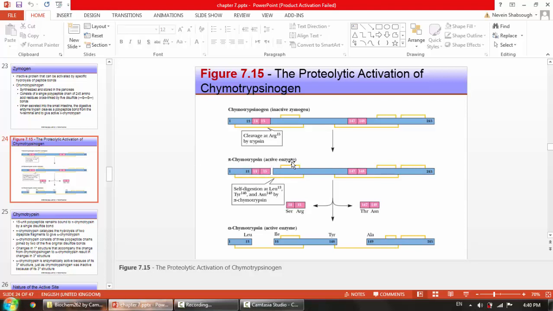Although it is an active enzyme, it is not the final active form, which again undergoes self-digestion at the following positions: leucine 13, tyrosine 146 and asparagine 148, by chymotrypsin to release these 2 dipeptides and generate the so-called alpha chymotrypsin. This is the active form of the enzyme.